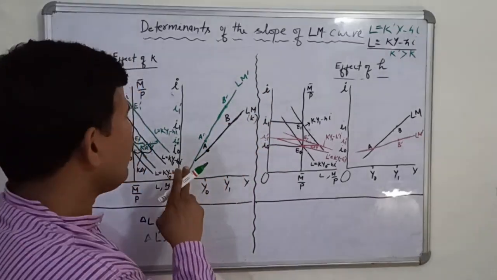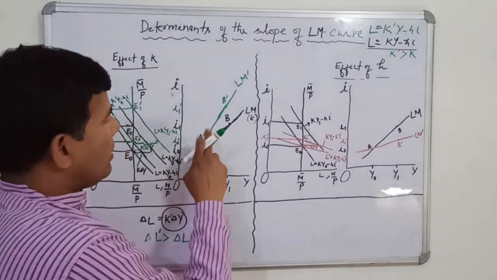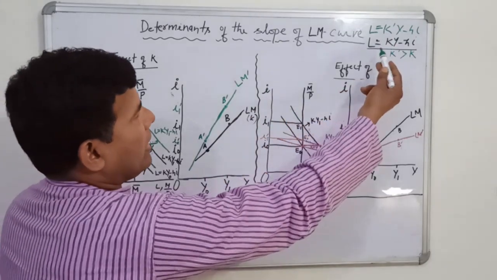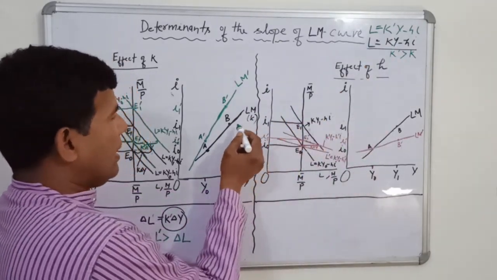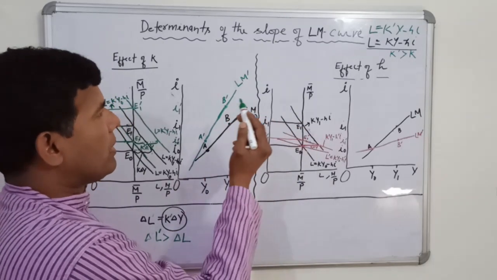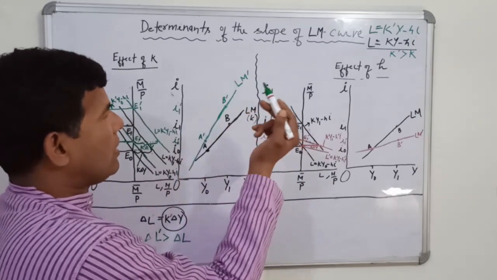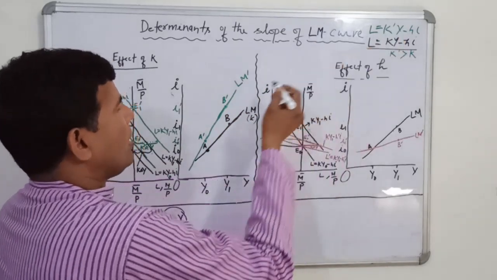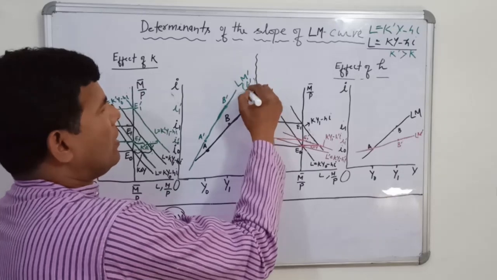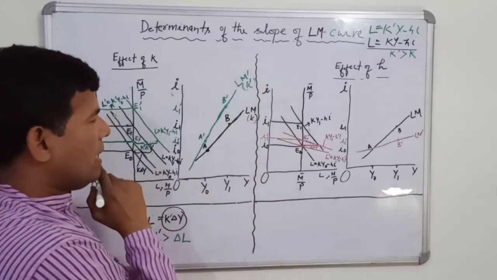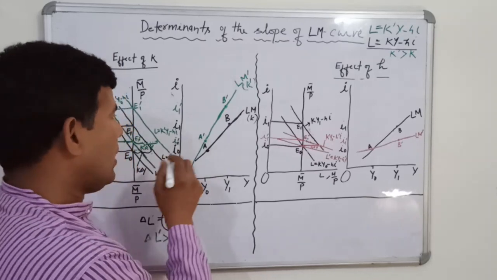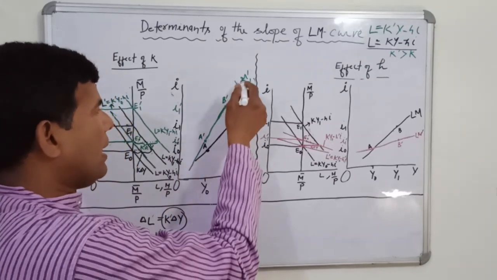So what has happened is that if the value of the parameter which relates money demand and income is K, then we get this LM curve. And when the value of the parameter relating money demand and income is K prime, then we get this LM line. Now if I ask you which line has more slope, LM or LM prime?